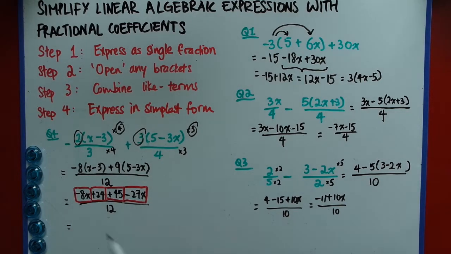I'll add the numbers first because they're positive, so we put the positive in front. This is simply 69. Minus 8 minus 27 is minus 35x, over 12. So far pretty nice, because we do not have to express it in any simpler form.